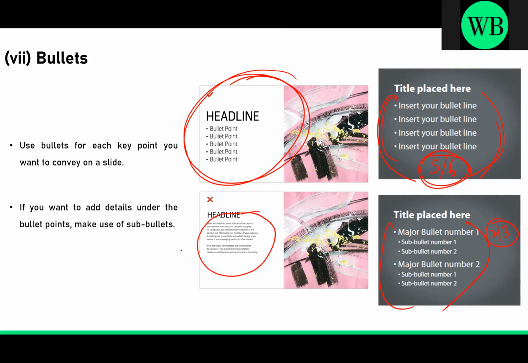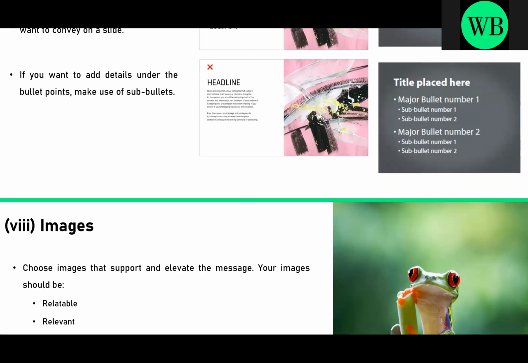So we at Work Better are huge lovers of structuring and bulleting your points. It makes it easy for everyone, but try not to have more than 5 or 6 such points on one slide. If you have more, you can continue them on the next slide. And if you have bullet points, have 2 or 3 main points and 2 or 3 sub points. Don't try to exceed that, then it becomes too cluttered.